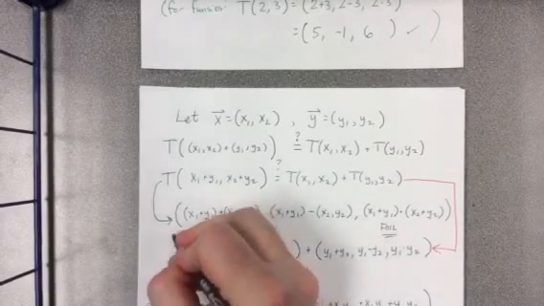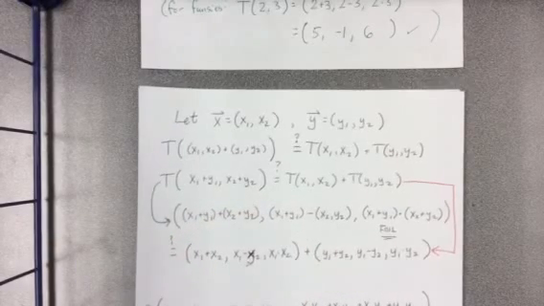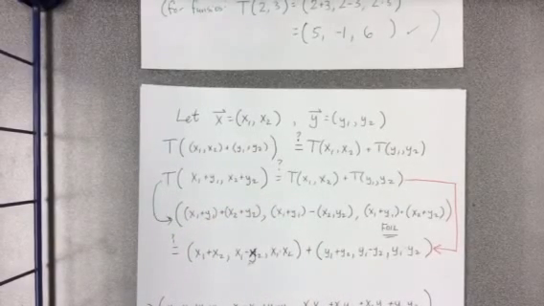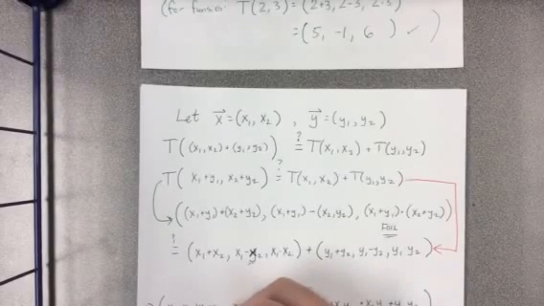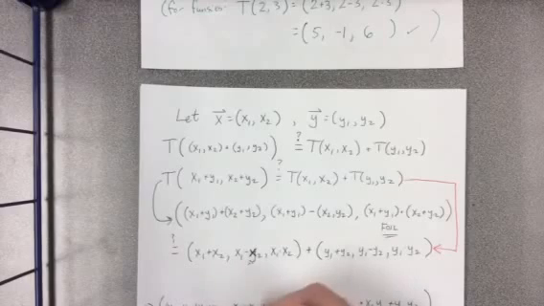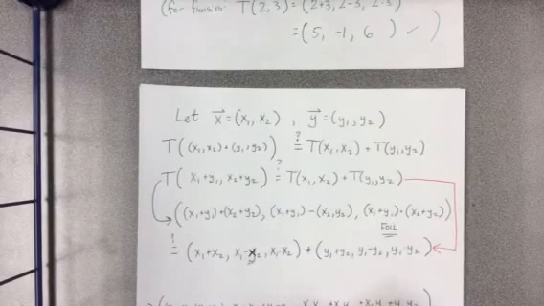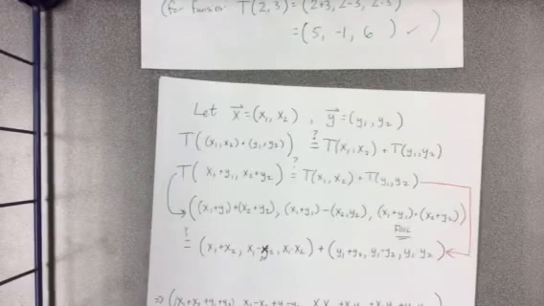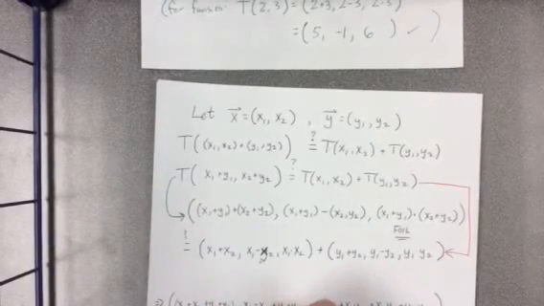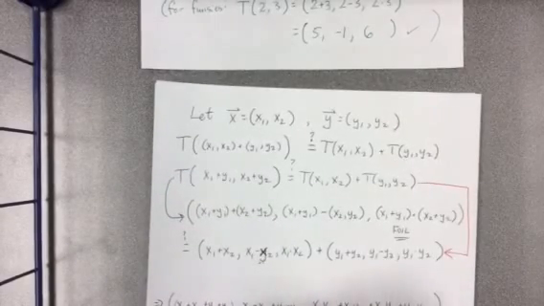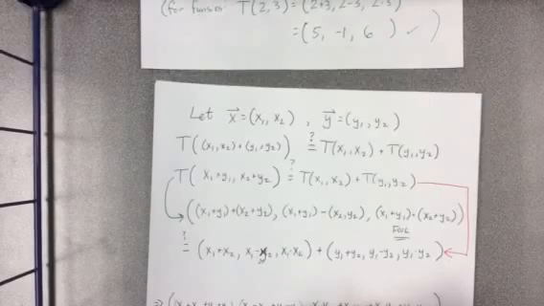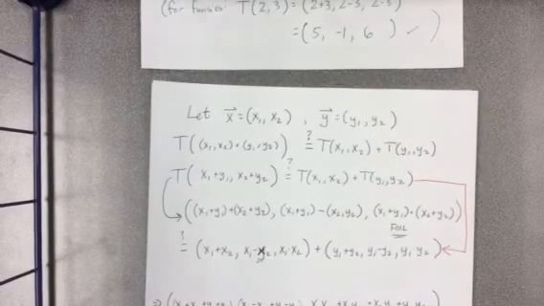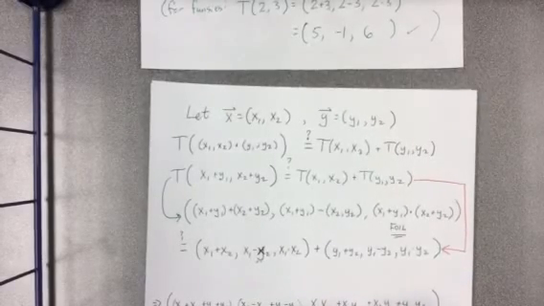Now we're still not really sure whether these two things are equal to each other, so we need to give a quick test. Let's check the first two components. Is it true that the first two components are equal to each other? Doing a quick analysis, x1 plus x2 plus y1 plus y2, all the components are there. That one checks out. For the second component, we have x1 minus x2 plus y1 minus y2, x1 minus x2 plus y1 minus y2.